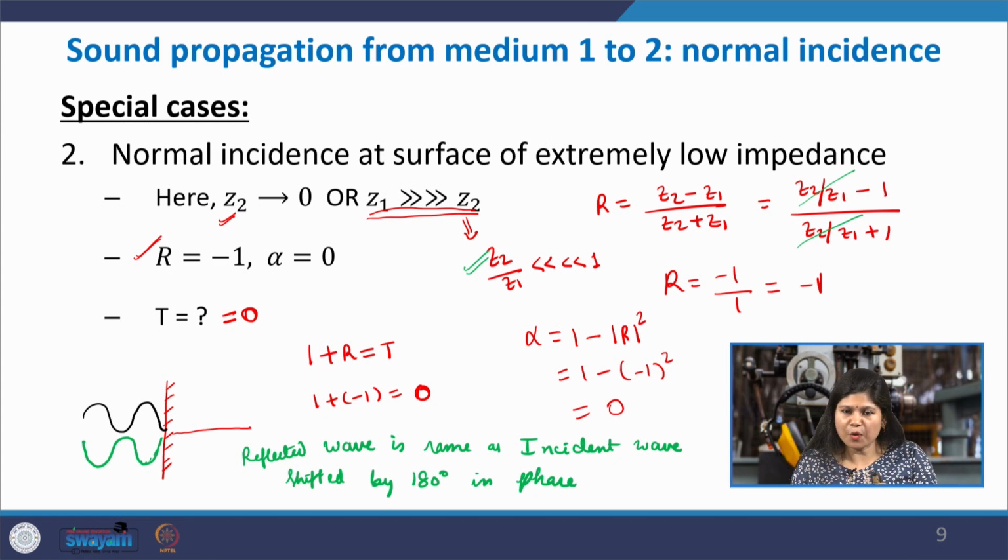So, the wave stops and does not penetrate into the new material, and at the surface the pressure also becomes 0 because the reflected wave cancels the incident wave. So, at and near the surface in such an interaction, the acoustic pressure becomes 0, which is a very favorable condition for noise control.